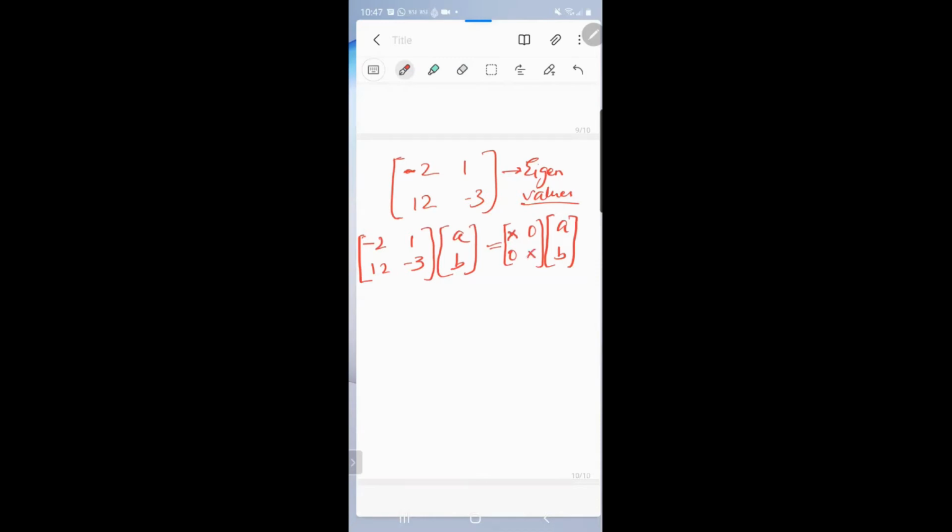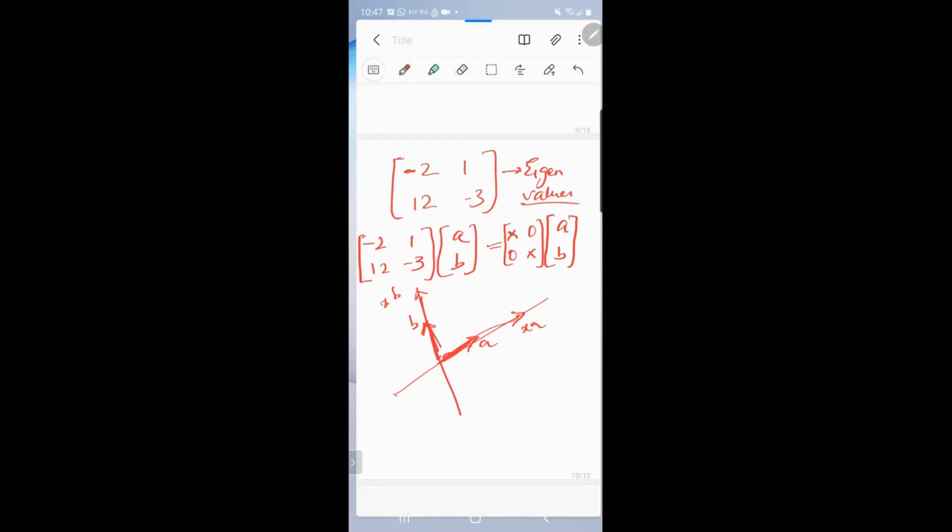Okay. So what this means is, in some crazy transformation, there is this vector here whose position doesn't move, but its size might change. Instead of being a and b, its position is maybe x times a and x times b.